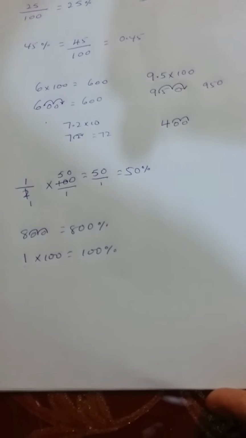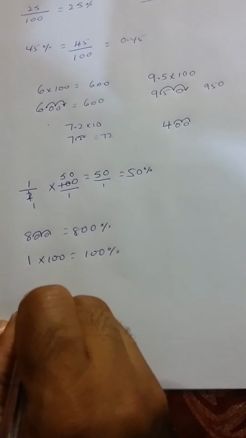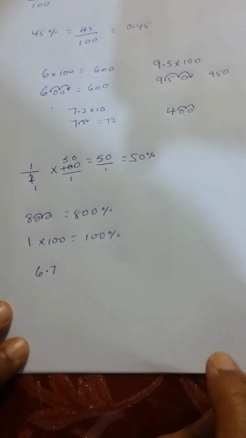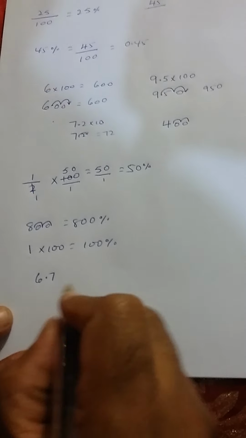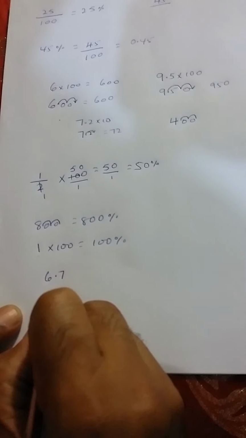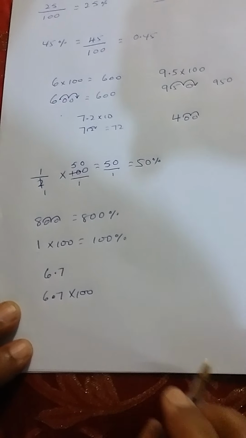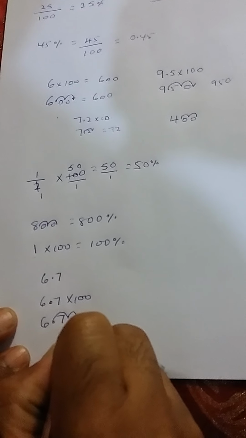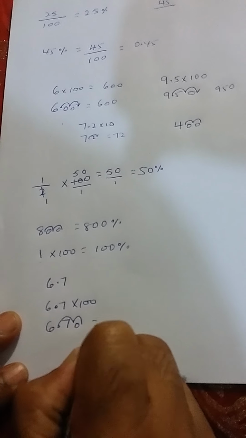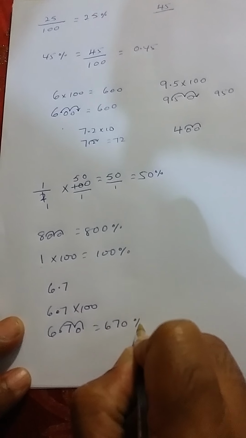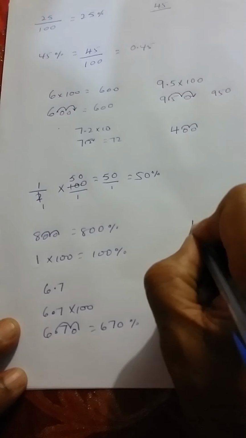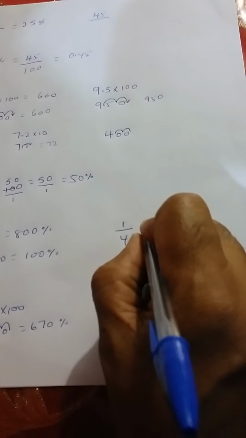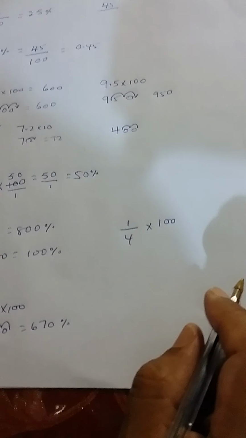So we can try these. 6.7 as a percent will be 6.7 times 100, and we get 670%. 1 quarter as a percent: a quarter times 100.